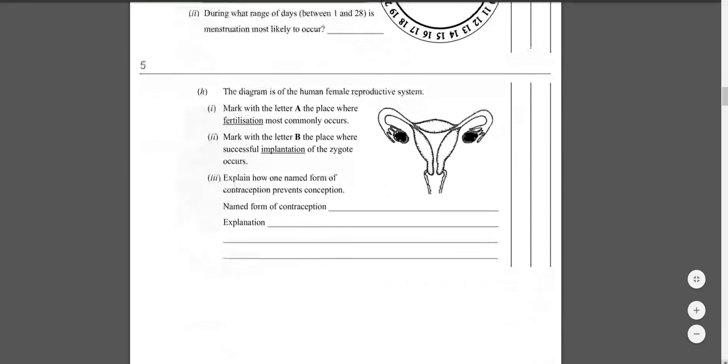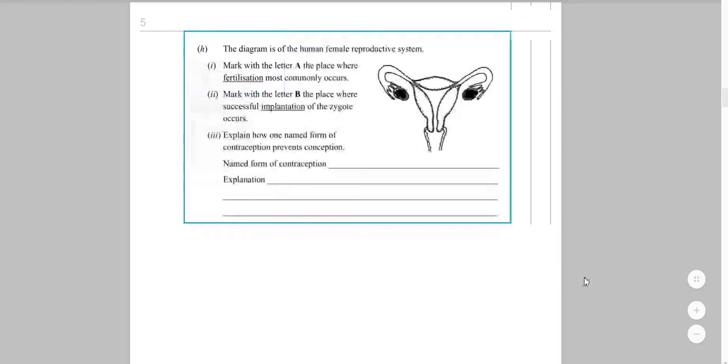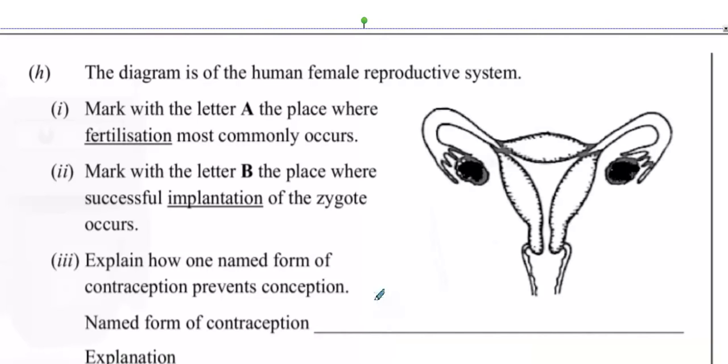Okay, so we've got more reproductive questions. Mark A where fertilization most commonly occurs. So A would be here somewhere. Mark B where the successful implantation of the zygote occurs. Well, that usually occurs inside the womb, so around B here.